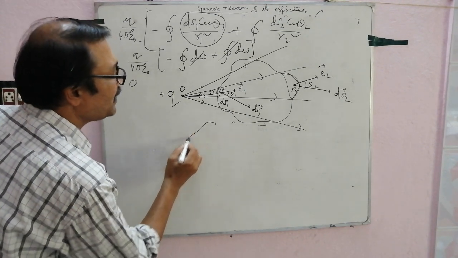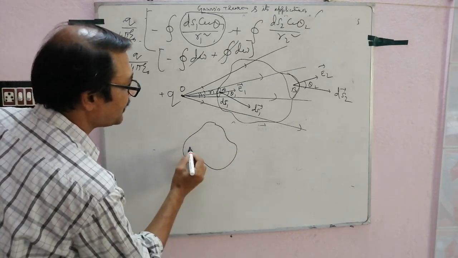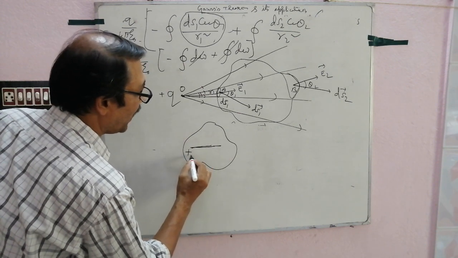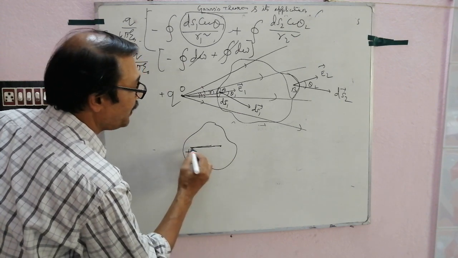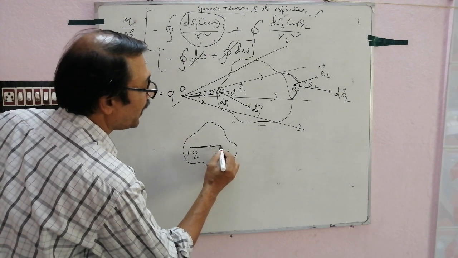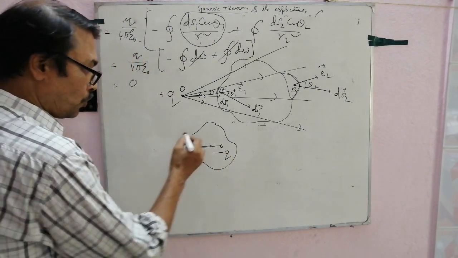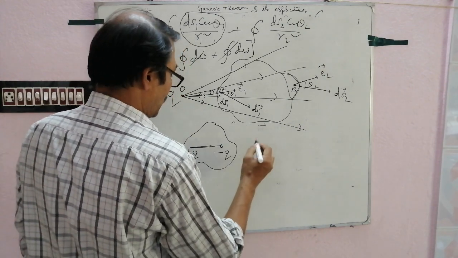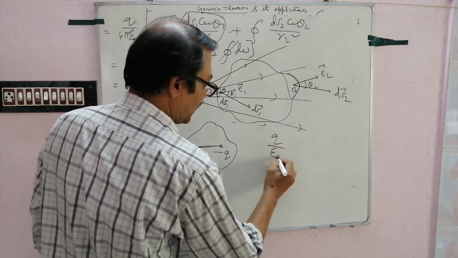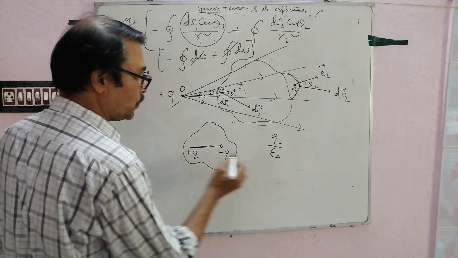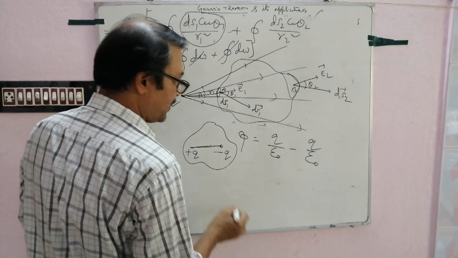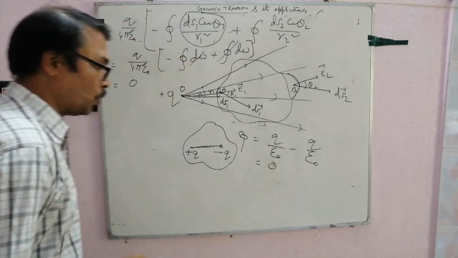Suppose this is a Gaussian surface and here an electric dipole is placed, plus q at this point, minus q at this point. So the total flux is of course 0, because Q by epsilon naught for plus Q and minus Q by epsilon naught for minus Q. That is, total flux 0.